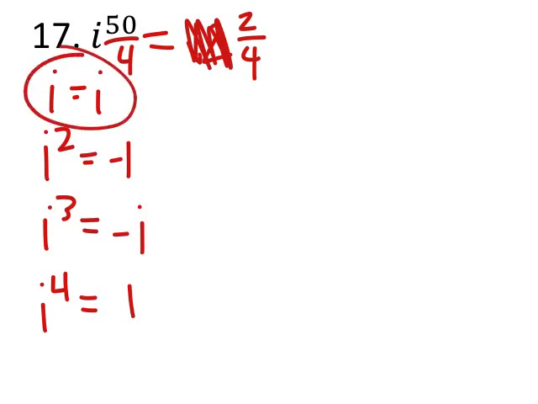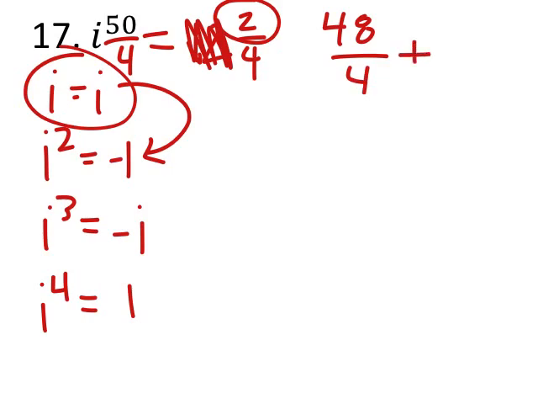Then we're just going to look at the second power, because 48 fourths plus the 2/4 gives us the 50, with the 48 and 2.